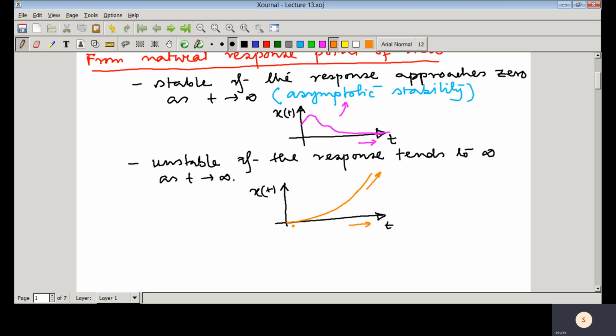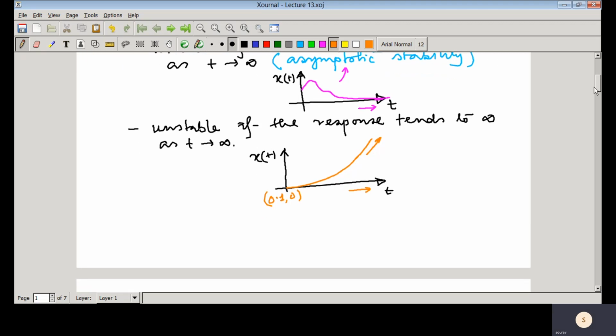We have assumed that it has some initial condition, suppose 0.1. So this origin is 0.1 and 0, and when time tends to infinity, it goes to infinity. So this is one typical response of an unstable system in the natural response framework. Now the third one is marginally stable.